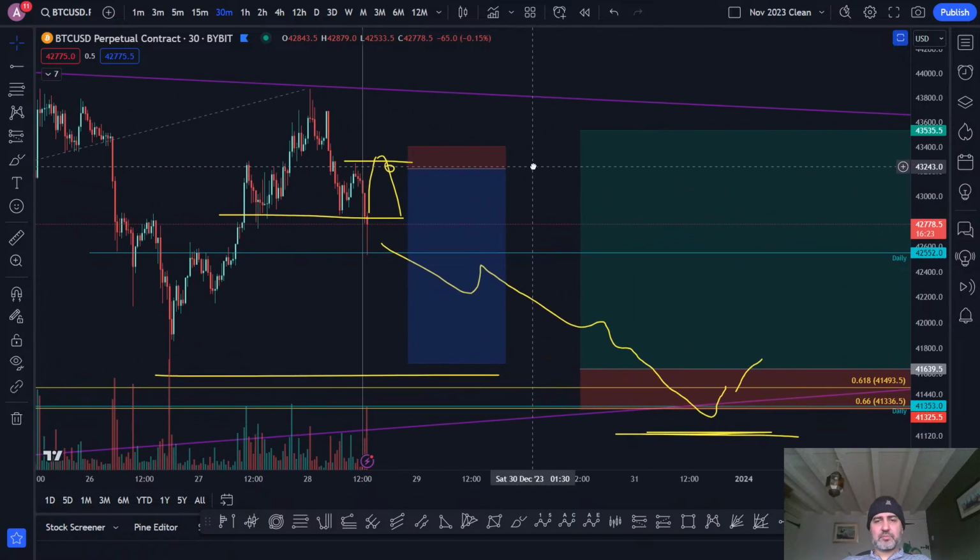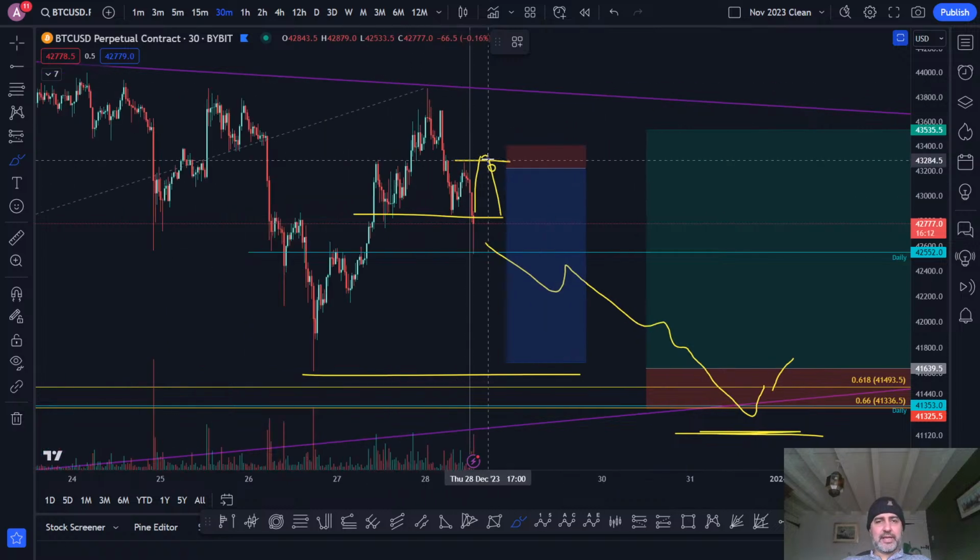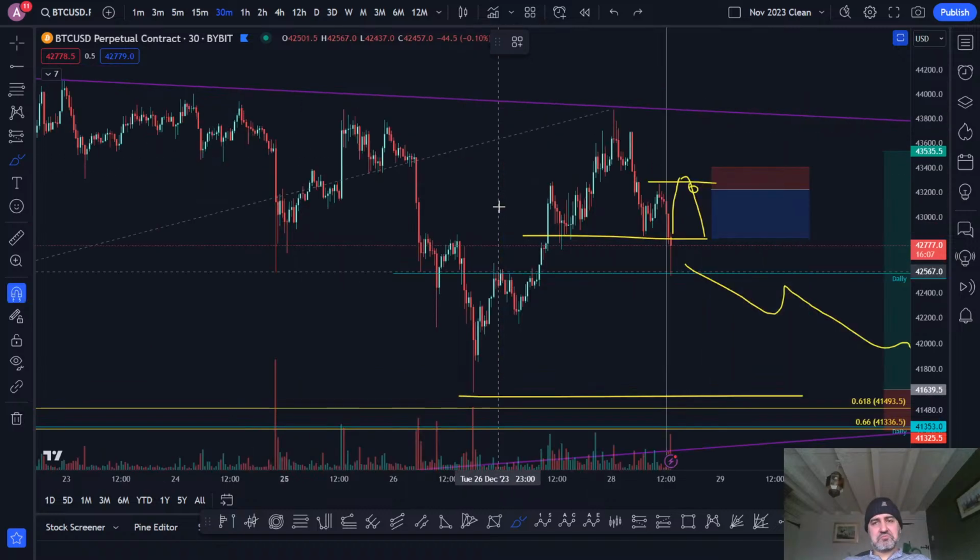That's possible too. Obviously it could stop you out, who knows what can happen. It doesn't look like it wants to go back up there, but anything can happen.